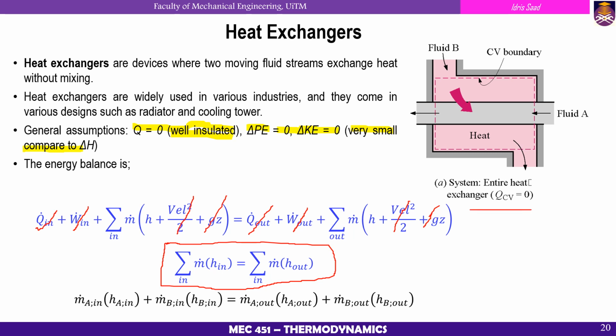We have two fluids, fluid A and fluid B. Then our equation can be expanded as mass A in times HA in plus mass B in multiplied by HB in is equal to mass A out times HA out plus mass B out times HB out. So this is the way we use the energy balance for the heat exchanger.